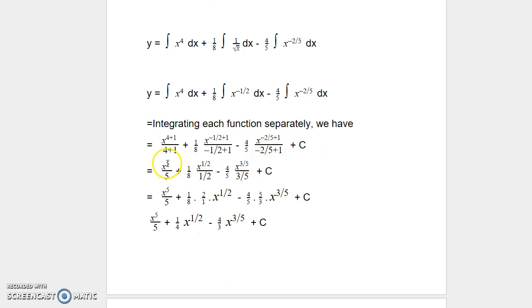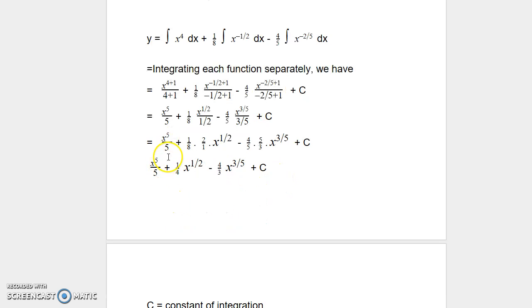When we simplify it, it's going to be x to the power of 5 divided by 5 plus 1 over 8 x to the power of minus 1 half plus 1 simplifies to plus 1 half divided by plus 1 half, minus 4 over 5 x to the power of minus 2 over 5 plus 1 simplifies to x to the power of 3 over 5 divided by 3 over 5, plus c.